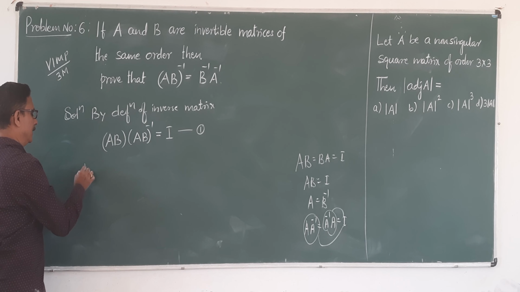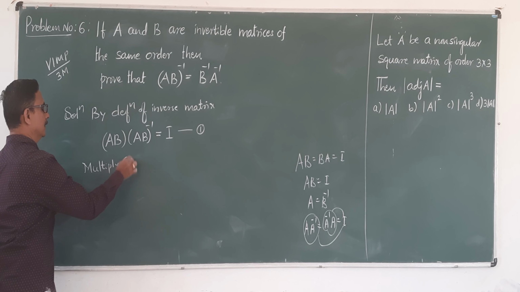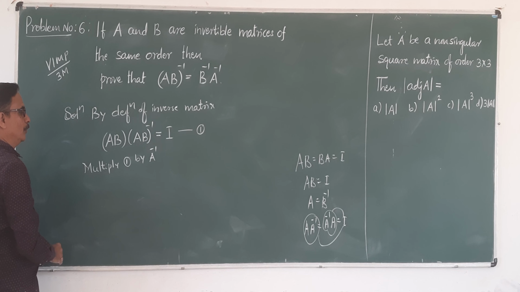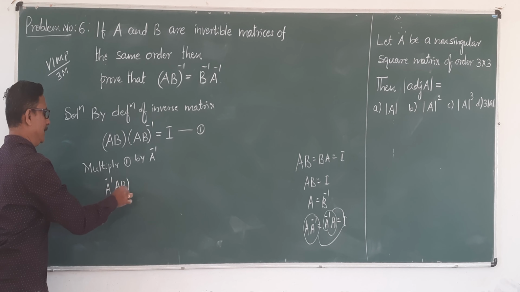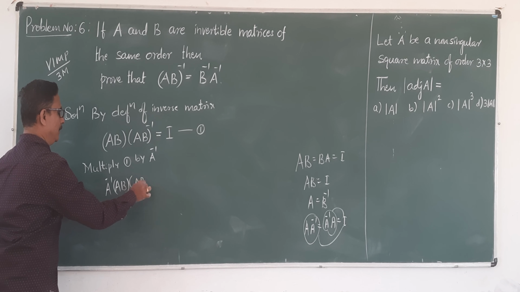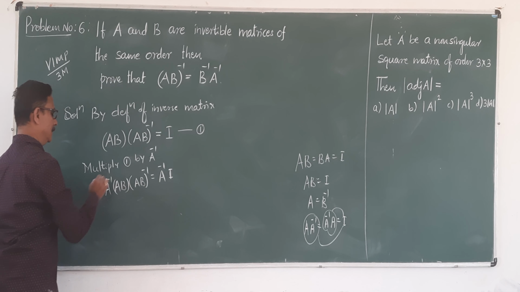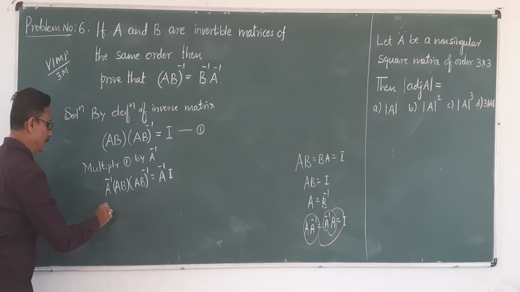Now operate, multiply equation 1 by A inverse. Operate A inverse on both sides. See what happened? A inverse into AB whole inverse is equal to A inverse into I. Right? Now by associative property, interchange the bracket.